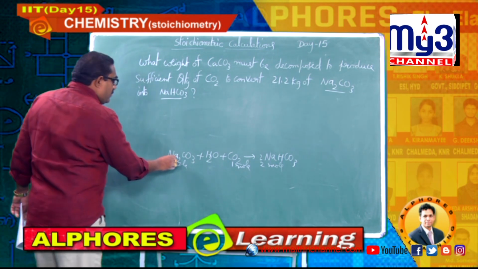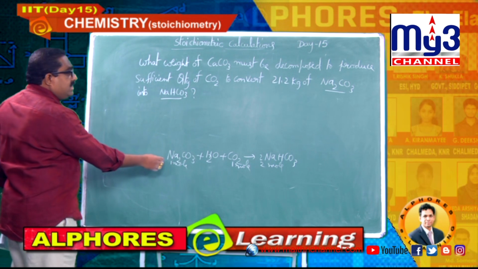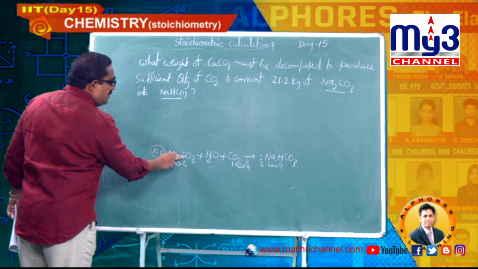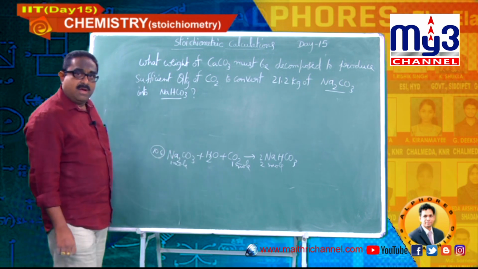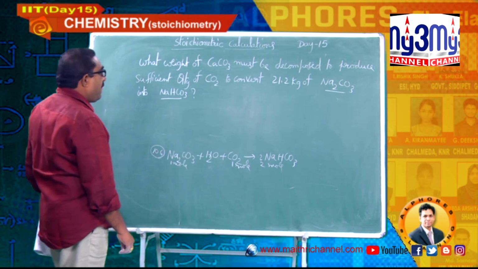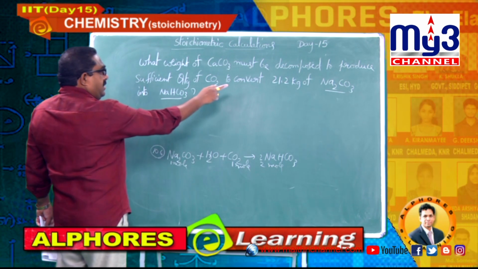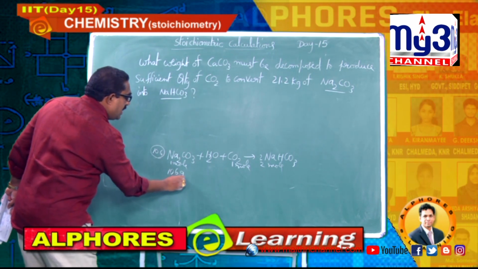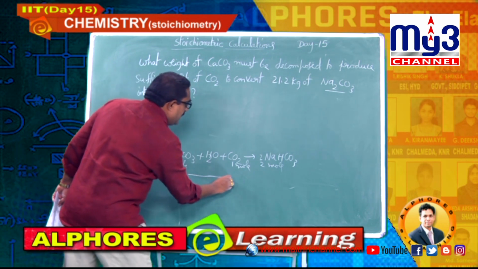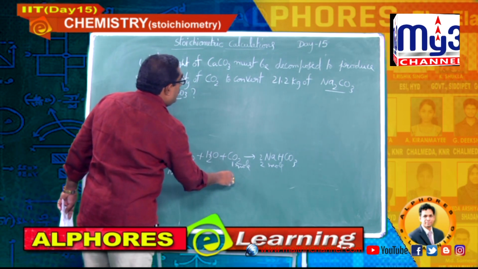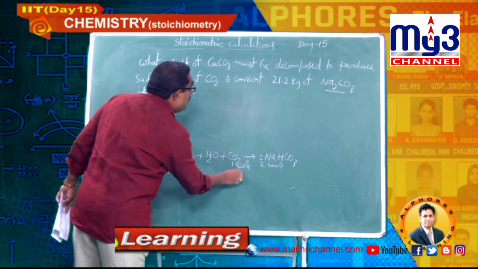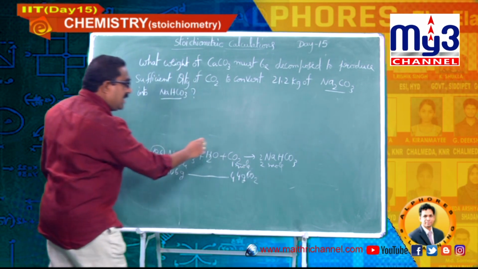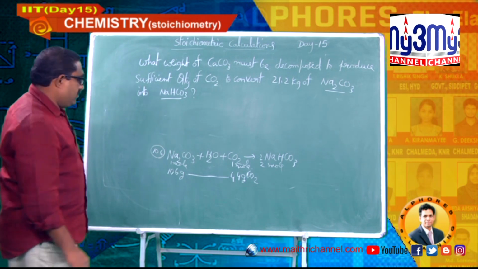What is the molar mass of sodium carbonate? 106. Molar mass of sodium carbonate is 46 plus 12, 58 plus 48, 106. Let me check. 106 grams of sodium carbonate needs 44 grams of CO2, because the molar mass of CO2 is 44.